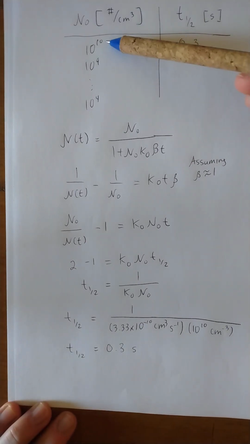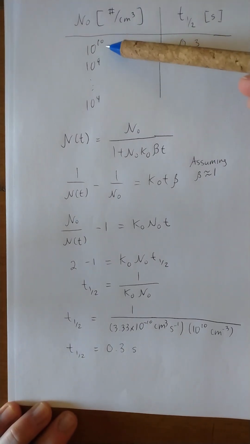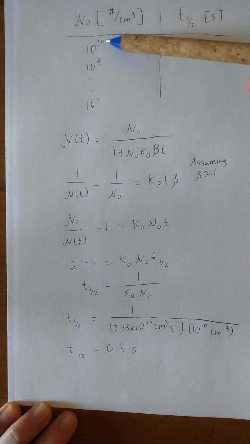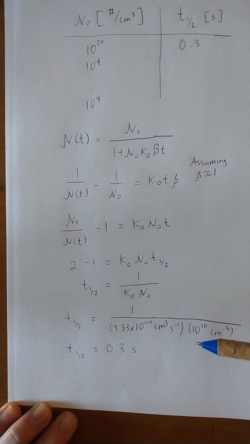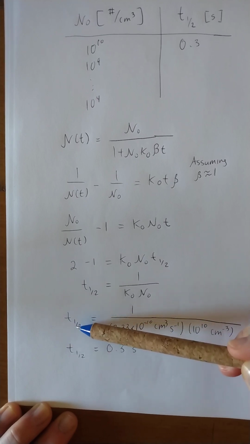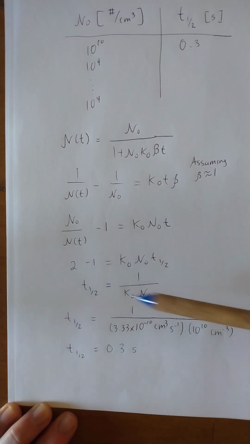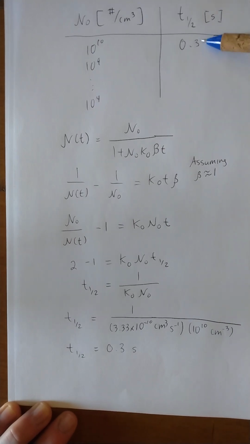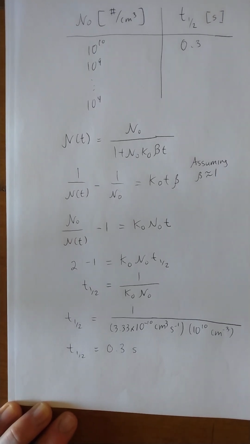And then just moving down this column, to lower number concentrations, if that initial number concentration is lower, the time to reduce the number concentration by a factor of 2 will increase. There's an inverse proportionality here. And so we expect the times over here to be increasing. And since this is decreasing by factors of 10, then correspondingly the time should be increasing by factors of 10.